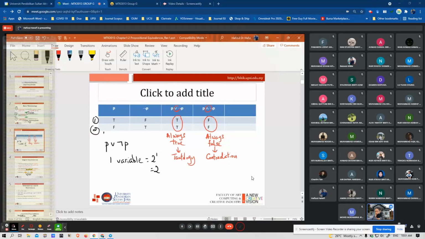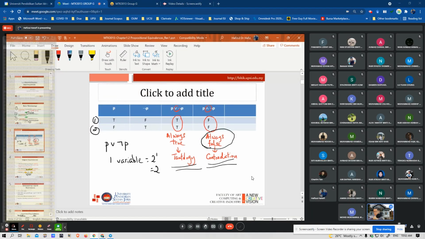For this one, we have P or negate P. This one is always true, so it is a tautology, because statement 1 and statement 2 are true. And when we have always false, false and false, we name it a contradiction.